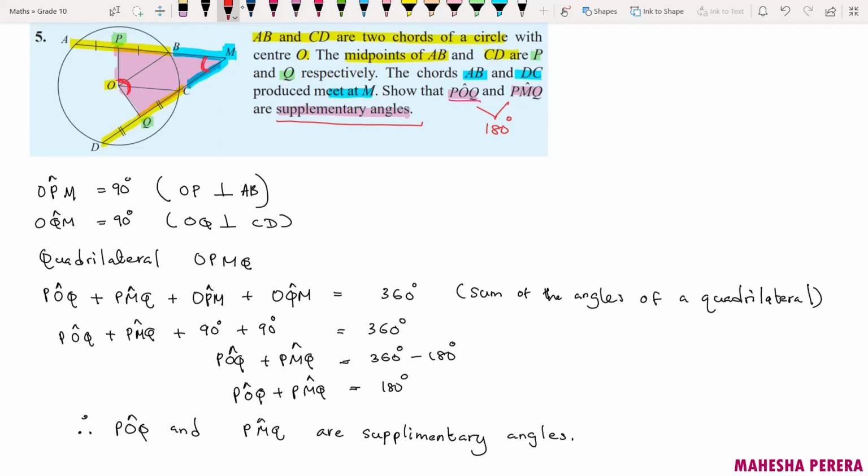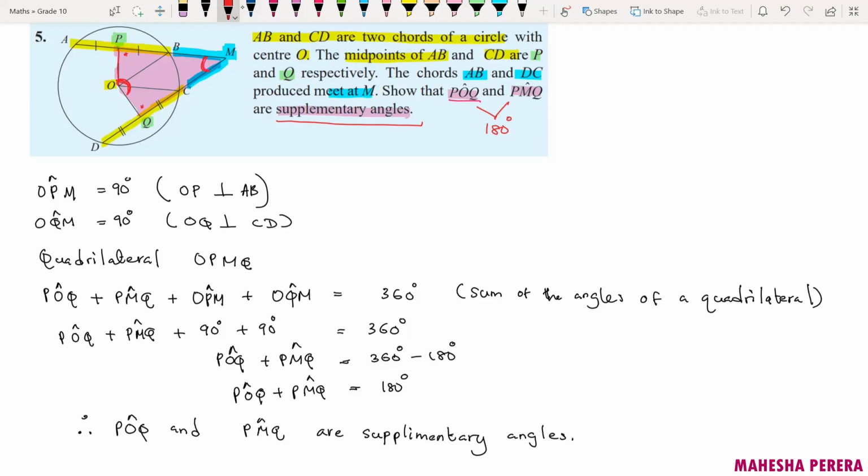Now, what about these angles? What are they? They're actually right angles, right? It's 90 degrees each. Why? Because of our theorem, right? Can you see? Now, this OP is the perpendicular, right?